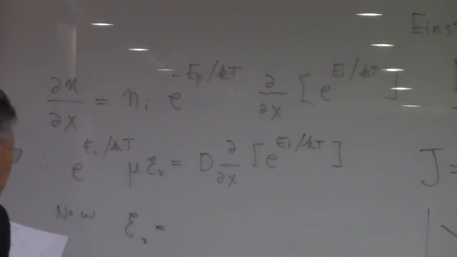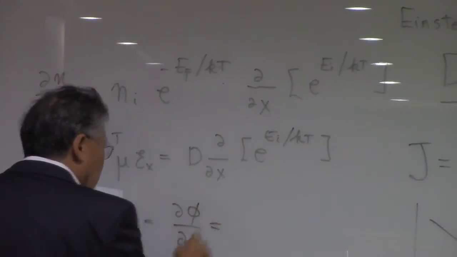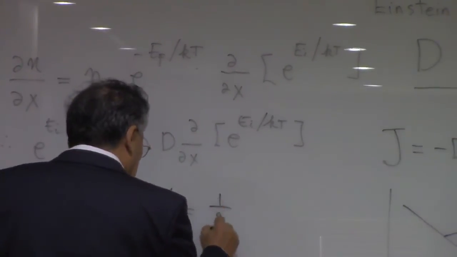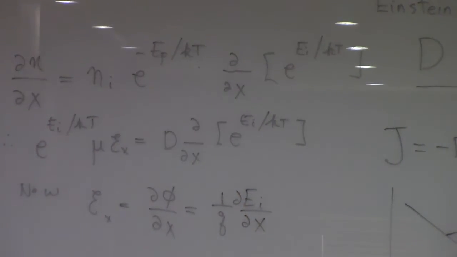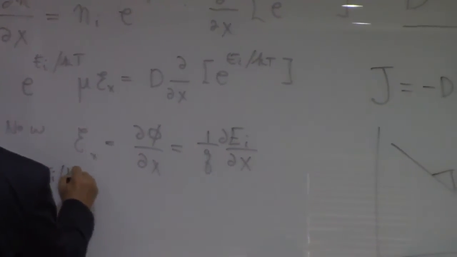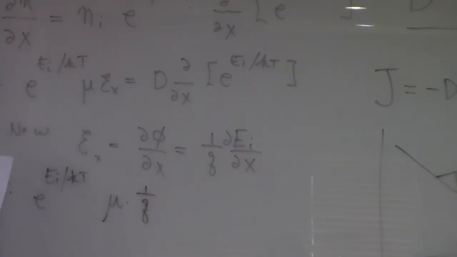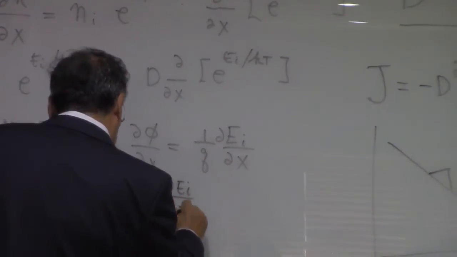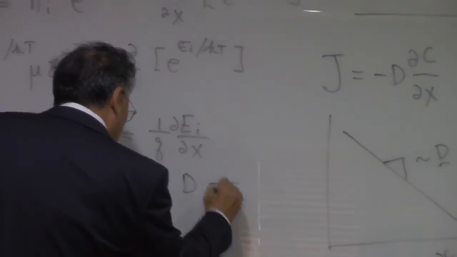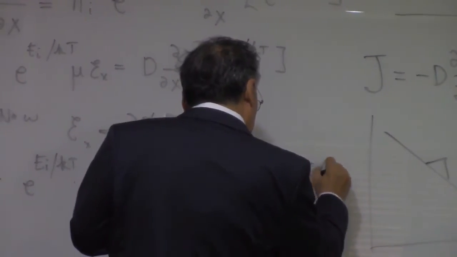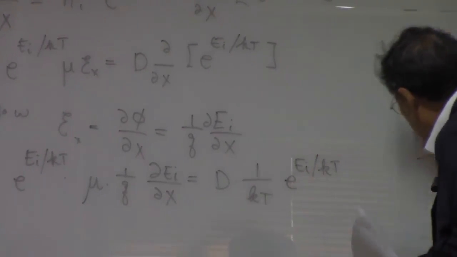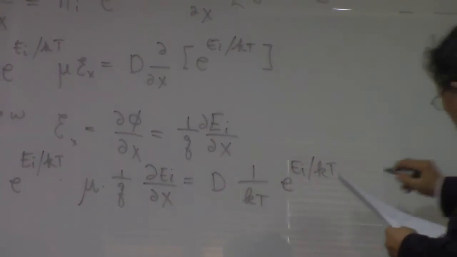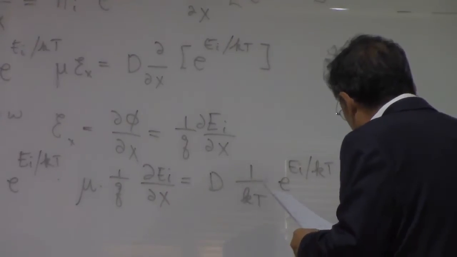And now, since the electric field is a first derivative of the potential, and that is the intrinsic energy slope with respect to the physical space, okay, so we can say kT μ 1 over q ∂E_i over ∂x is going to be kT over 1 over e to the E_i over kT ∂x ∂E_i.